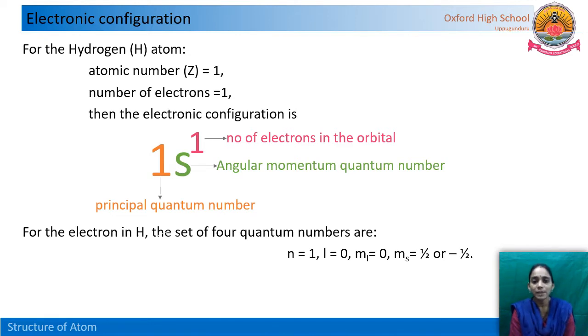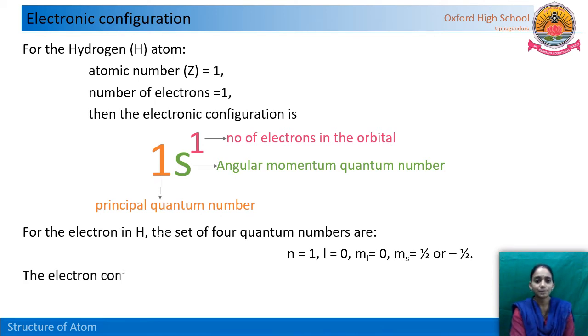L value means n minus 1, so 1 minus 1, 0. Same, l 0 means ml also 0, that is the magnetic quantum number, whereas ms is the spin quantum number. We know only 2 spins are there, so only one electron here, either plus half or minus half, that is clockwise or anti-clockwise, only one spin will be there.